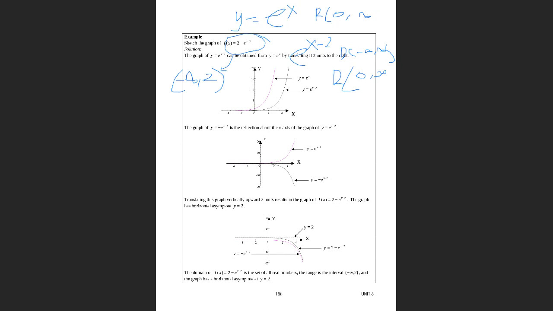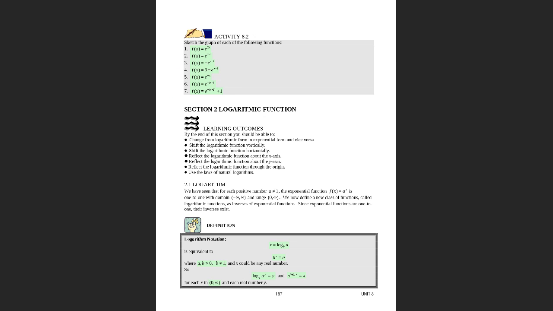So you just have to generalize these things ahead, and you can always determine the domain and range of any exponential function. You can picture any exponential function in your head.